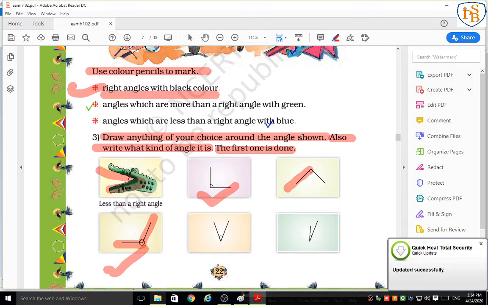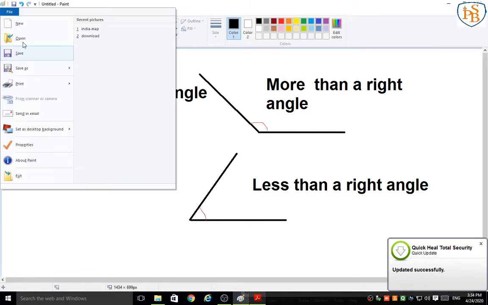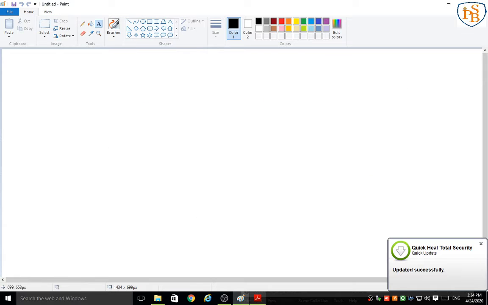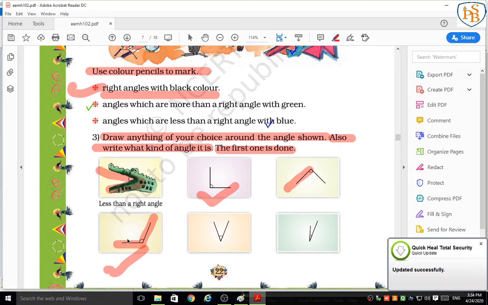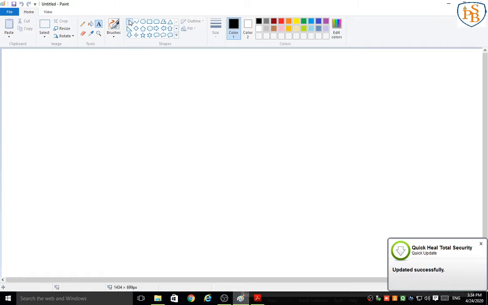I will show you once. Suppose I will take this, okay students, over here only. What kind of angle is it? Yes students, correct, it is more than 90 degrees. So I will draw here one angle which is more than 90 degrees, like this supposed to be, correct students?